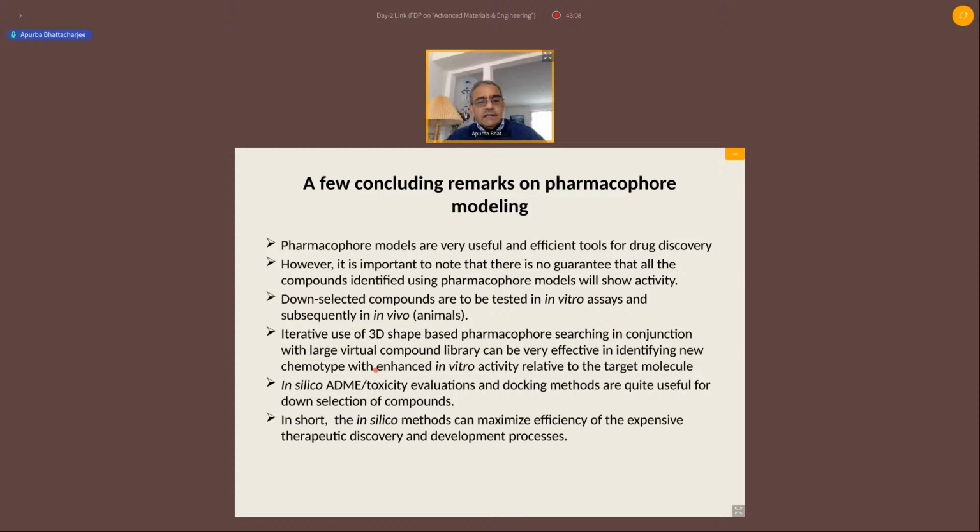Iterative 3D shape-based pharmacophore searching in conjunction with large compound databases has the potential to find very good compounds very quickly. The in silico ADME toxicity evaluations and docking methods are quite useful for down selection. In short, in silico methods can maximize the efficiency of the expensive therapeutic discovery and development process.